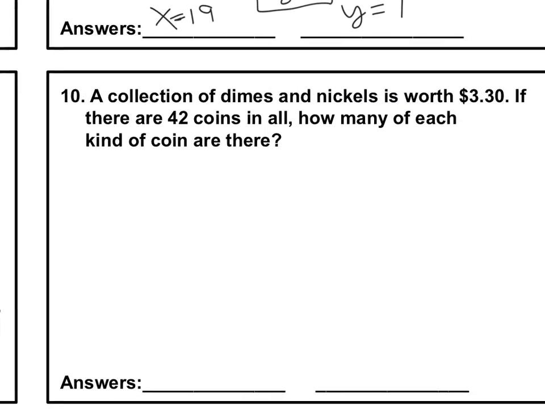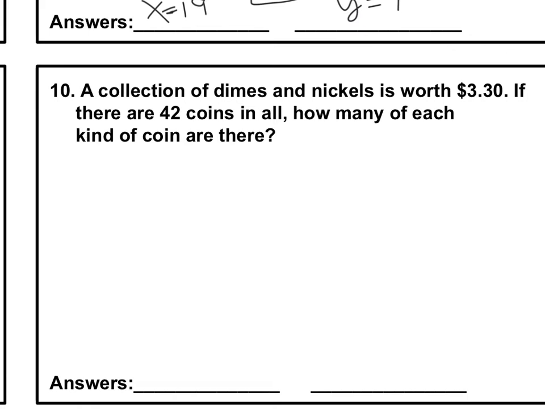And let's look at this one. Now, a lot of times on these word problems, one of your equations is going to deal with money, and the other equation is going to deal with how many, the number of items. Okay? So a collection of dimes and nickels is worth $3.30.